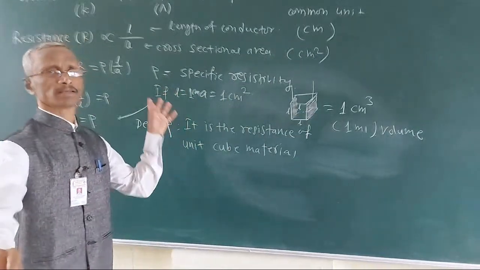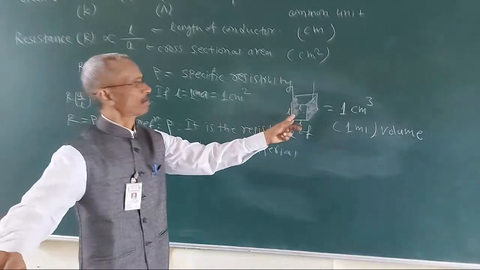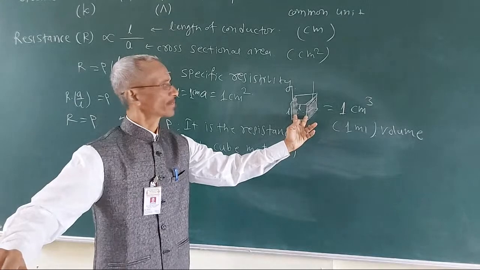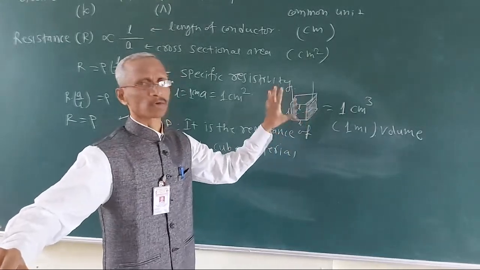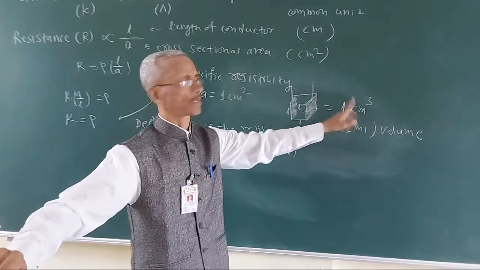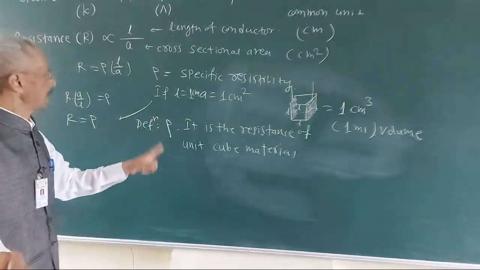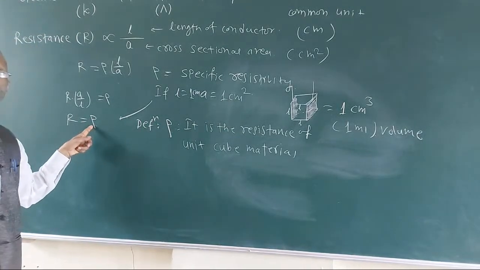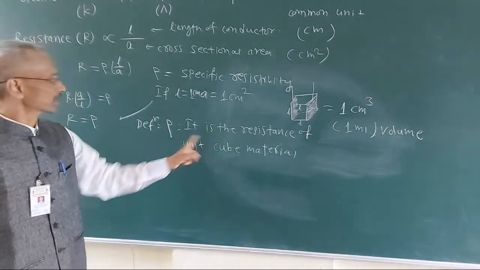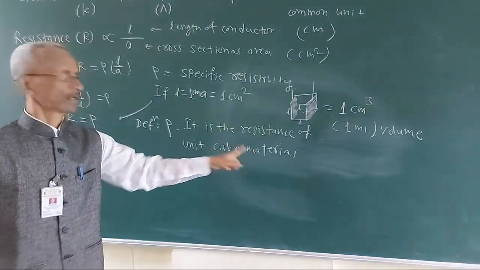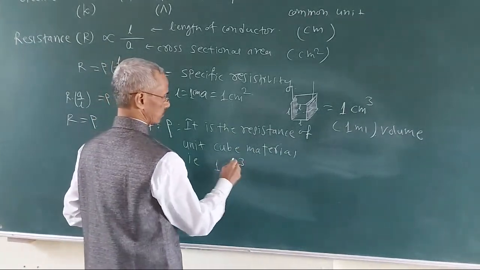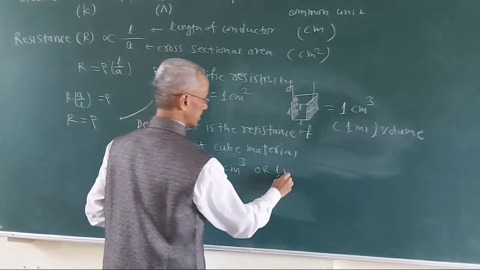Whatever material is inside these two electrodes, having a total volume of 1 ml, that is 1 cc, is called the unit cube. Specific resistivity can be defined as the resistance of a unit cube of material, that is 1 centimeter cube or 1 ml.